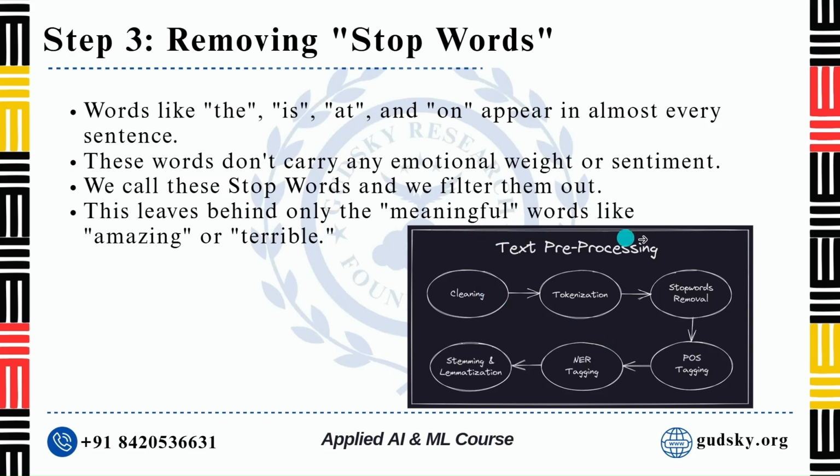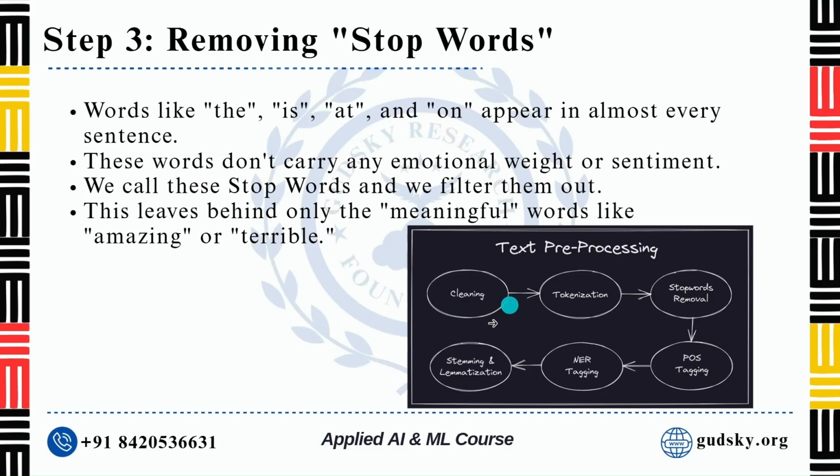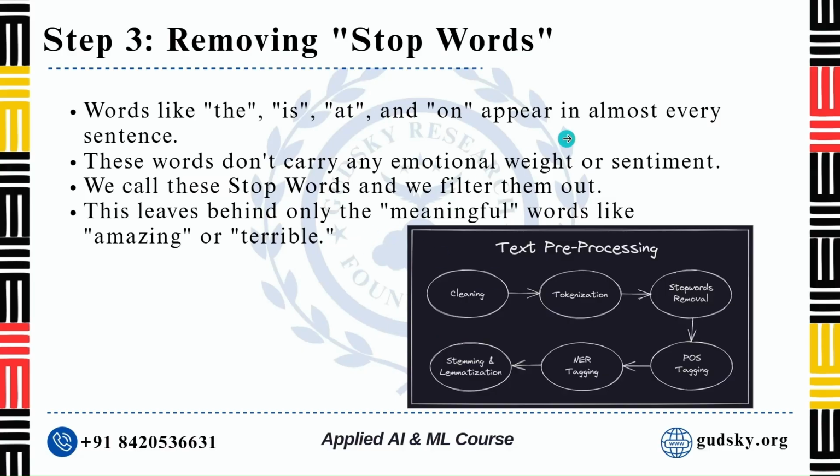Here you can see a small example of how our data is modified. First it's cleaned, then tokenized, then stop words removal, POS tagging, NER tagging, and then stemming and lemmatization. Once again forming the sentence. This is how the pre-processing works.